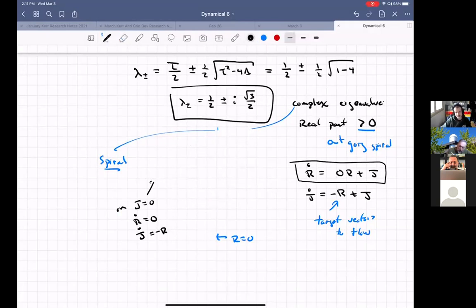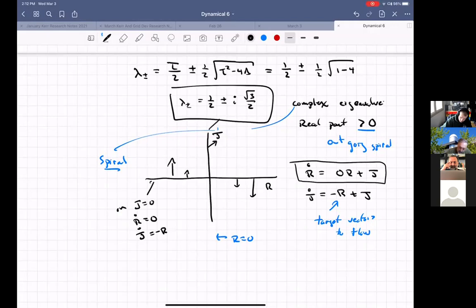Yeah. So one way to think about it, once you know it's a spiral, if you want to get a little bit more accurate with your spiral, you can think about how the flow is going on different lines in the graph. So what we know is that the flow is going like this along the R axis. And the further out I get, the bigger the R value is, the longer the J dot arrow is. And then along the R equals 0 axis, this is coming through here at 45-degree lines.